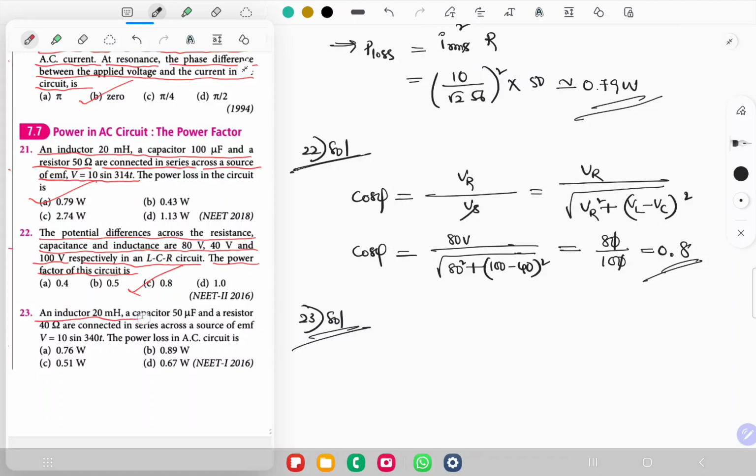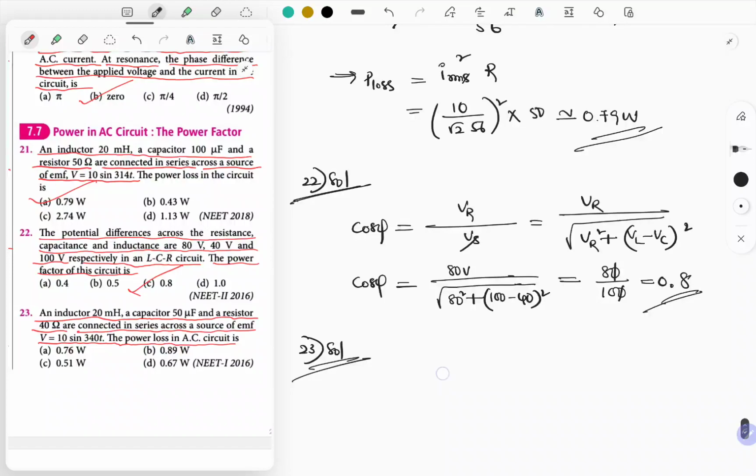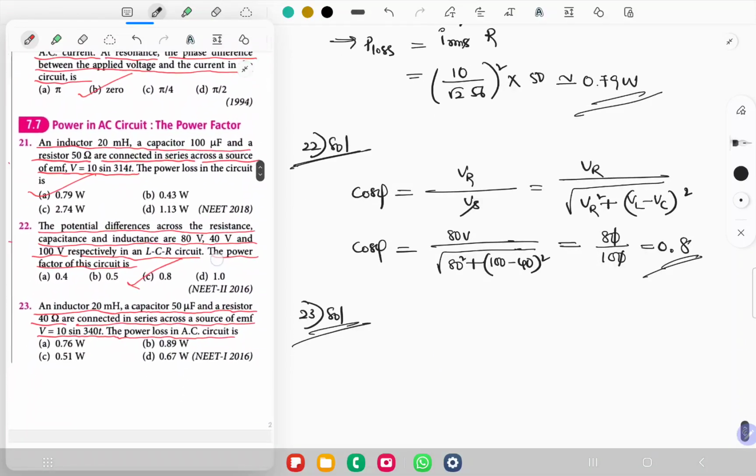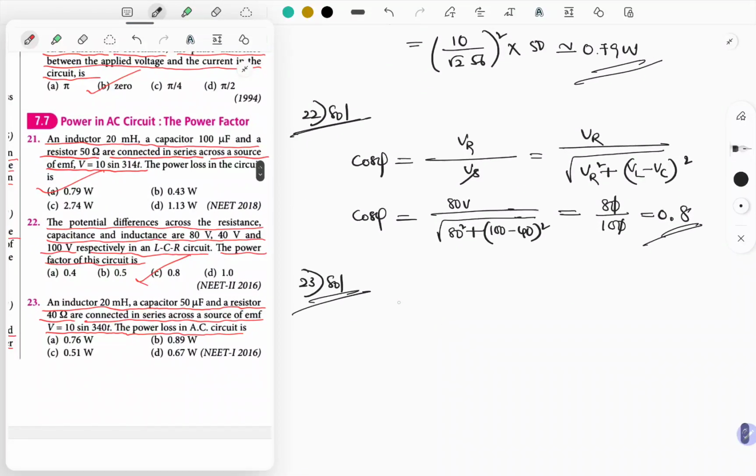An inductor of 20 millihenry, a capacitor of 50 microfarad and a resistor of 40 ohm are connected in series across a source EMF of 10 sin 340t. The power loss in the AC circuit. This question is similar to 20. They gave all the values. The only thing we have to find out is power loss. Power loss will occur only in the resistor.